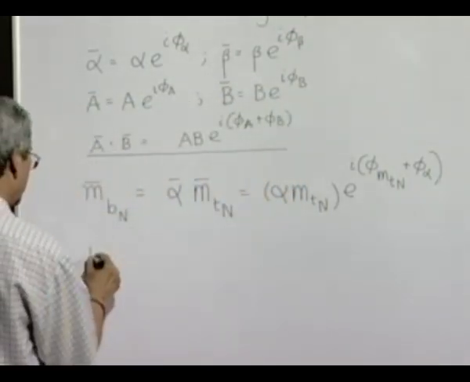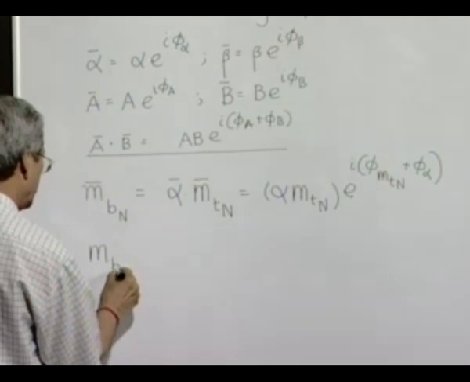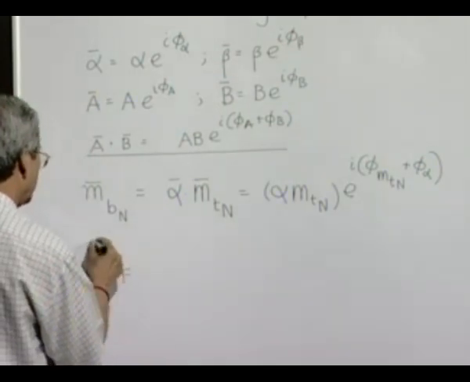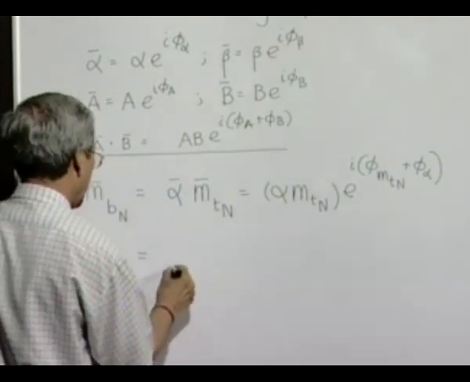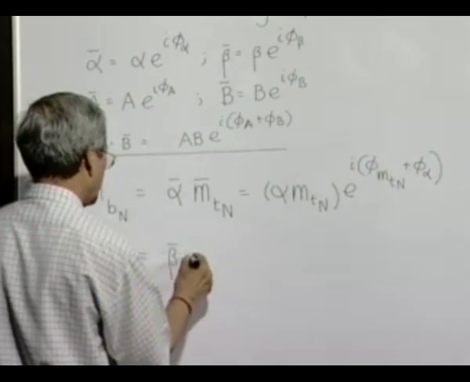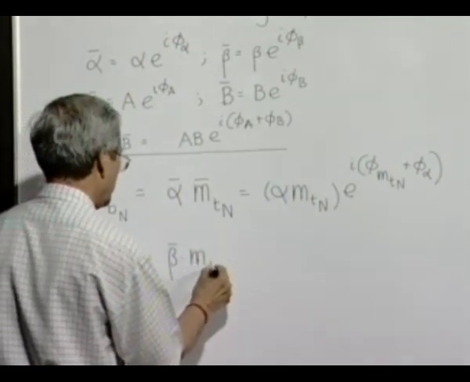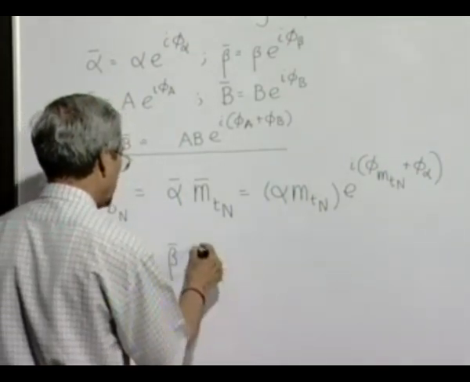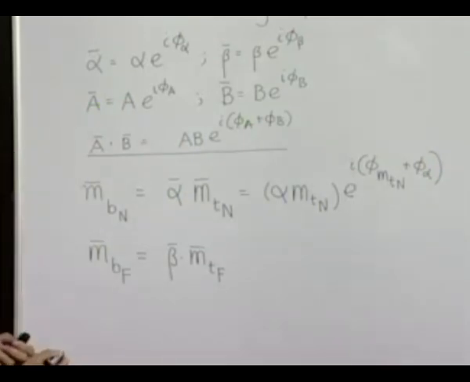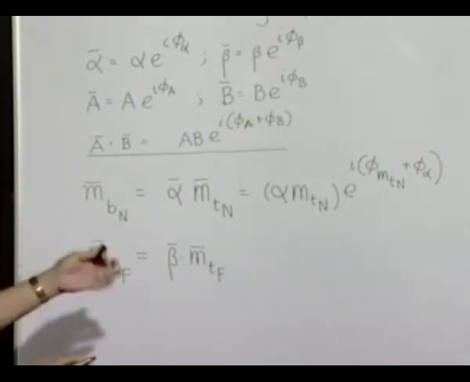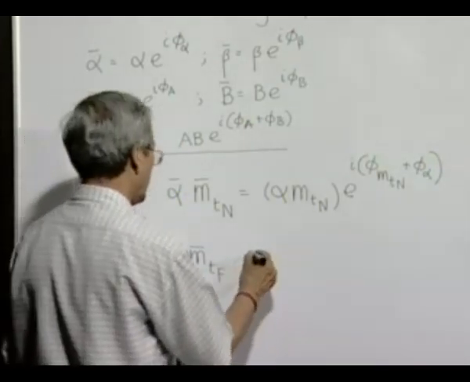Similarly, the balancing mass at the far end can be written as the product of beta with MTF, that can also be represented by a complex quantity or a vector, because that also has a magnitude and direction.